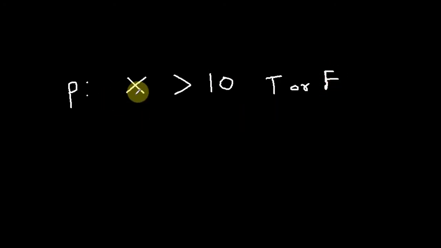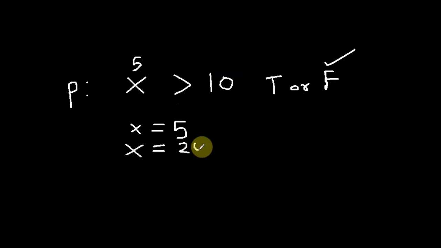So in this case, we have to assign a value to x, say for example 5. Then I can say 5 is greater than 10, which is false. What if I assign x equal to 20?